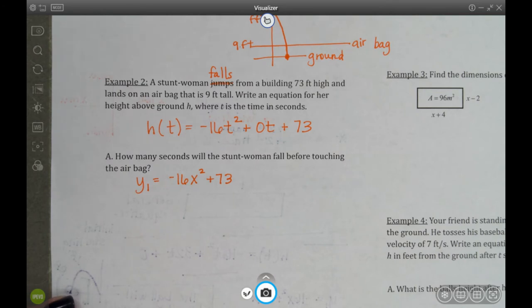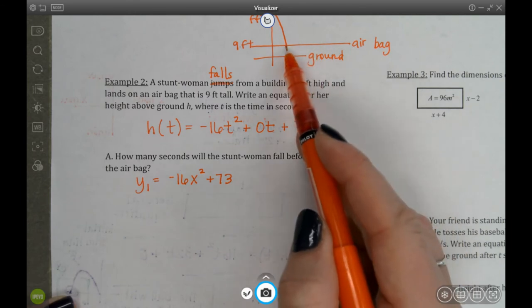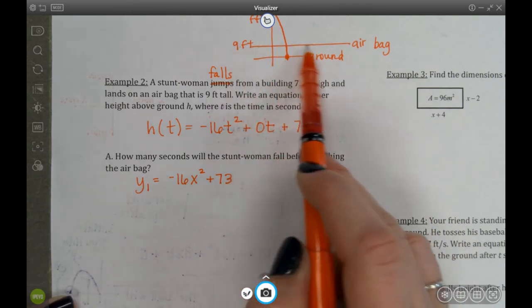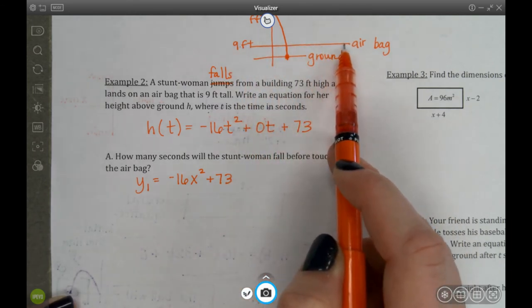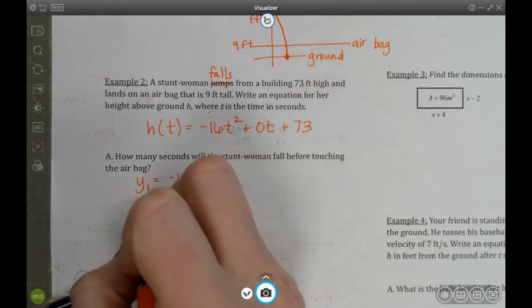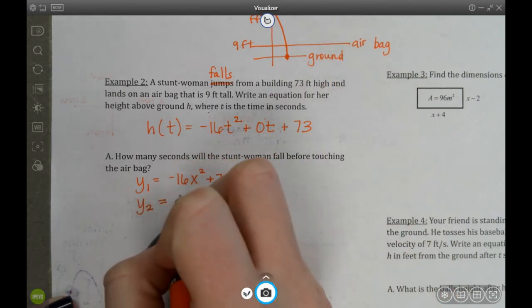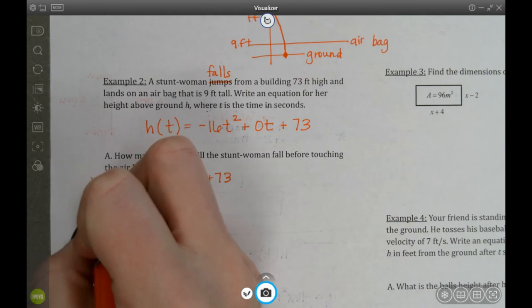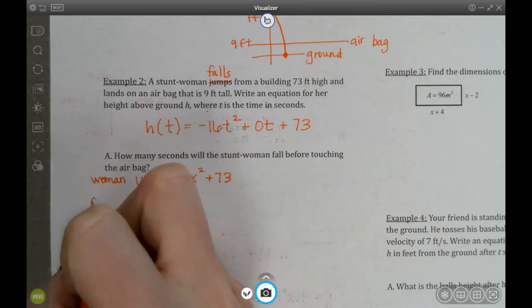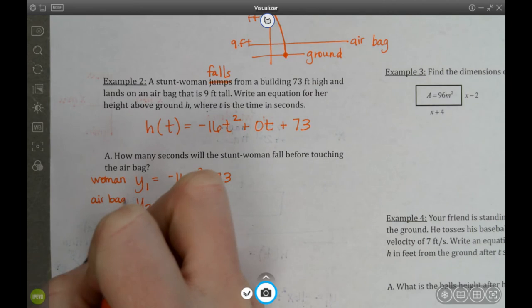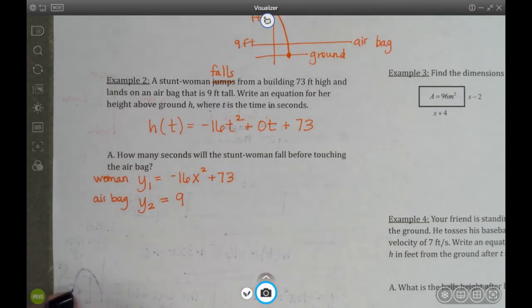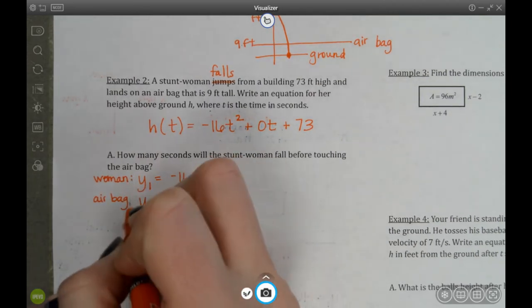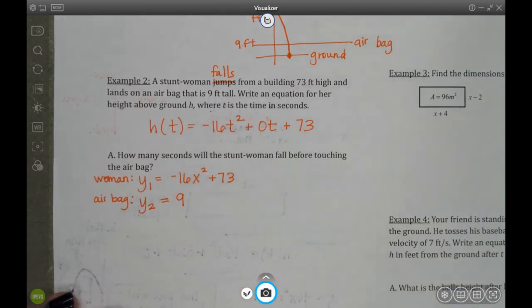And when she falls, she's going to hit the airbag at 9 feet. To get a horizontal line like this at 9 feet, that's just y equals 9. So y2, I'm going to let equal 9. So I have an equation for the stunt woman and an equation for the airbag, and I'm going to type those in.